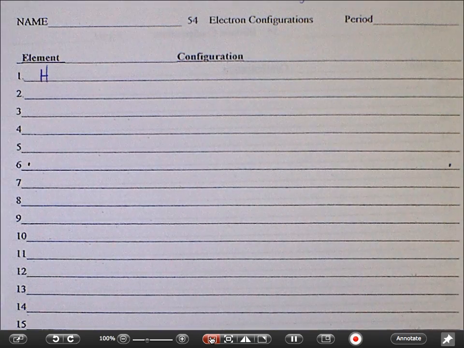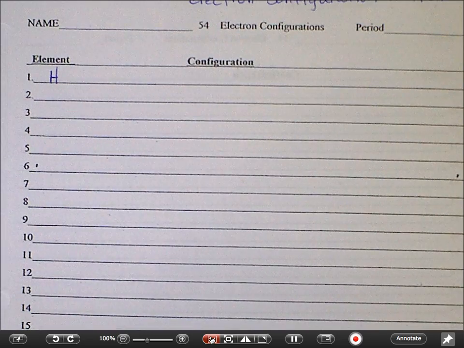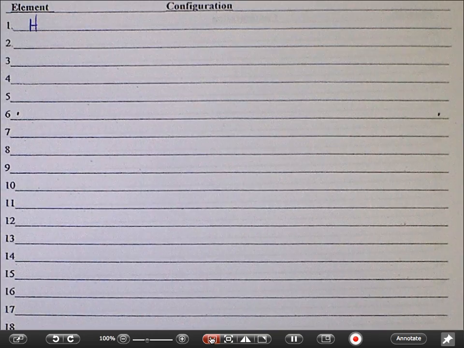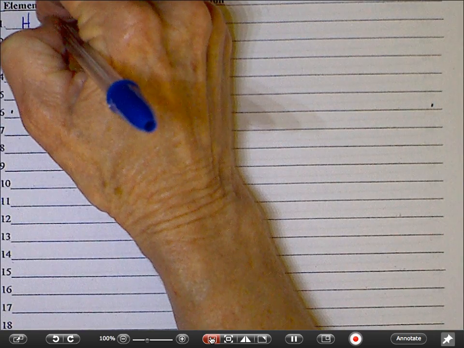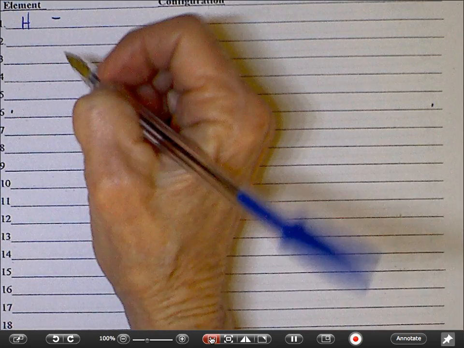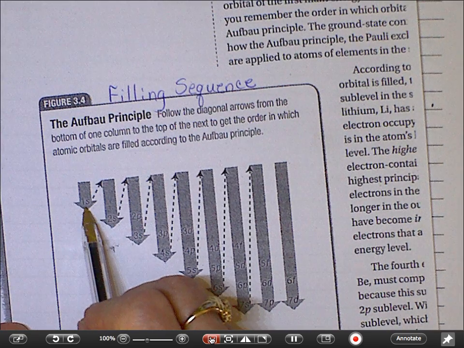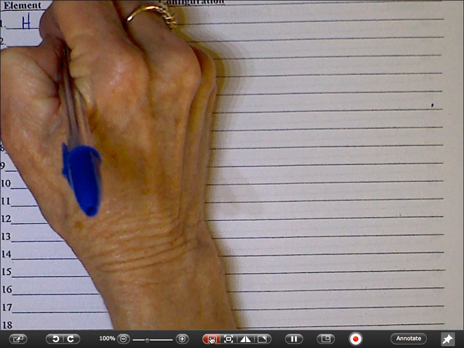Your electron configurations get longer and longer as you go down, yes? So I draw one line, take half of your space. That is for your s orbital, yes? Your filling sequence is labeling it 1s. Does everybody see that? Yes. So underneath it I write 1s.